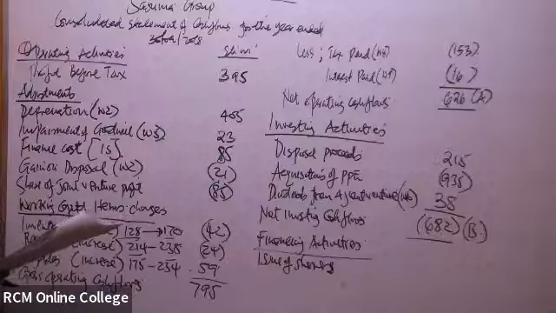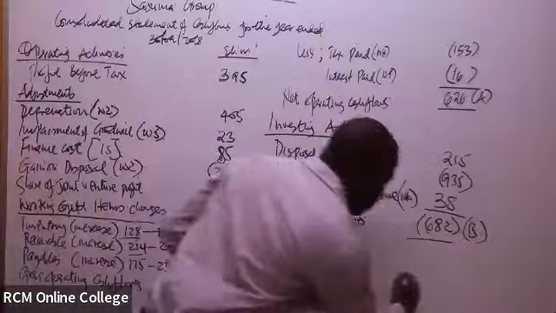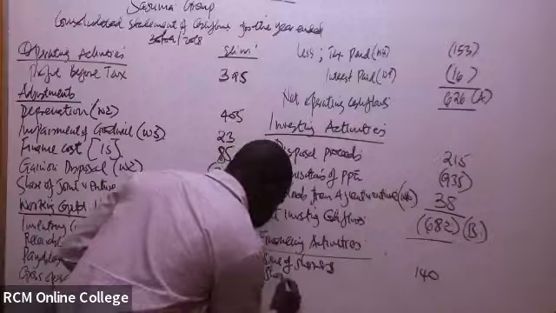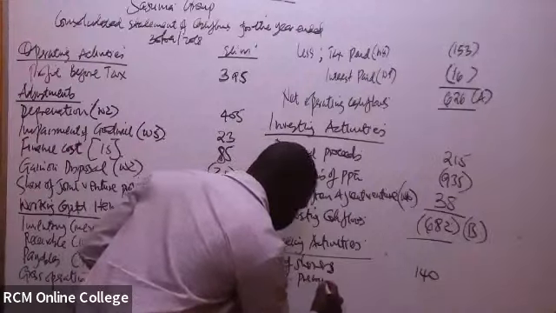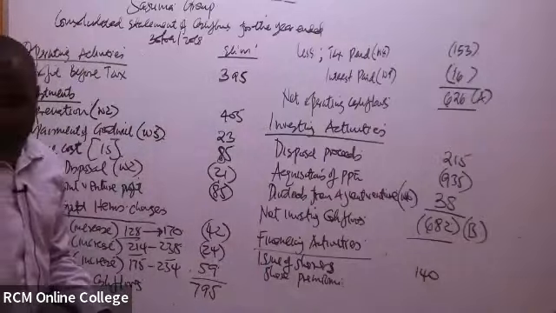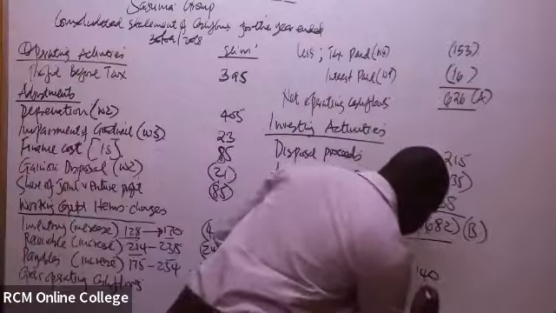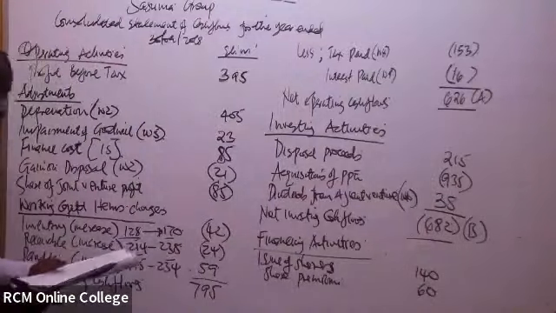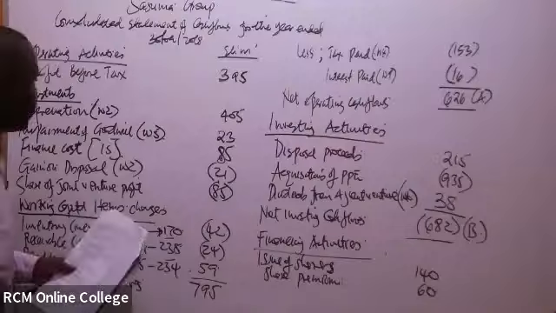Faith, the figure that was actually received from issue of shares, it was 140. From share premium, it was how much? It was actually in this case 60. So we can just continue.